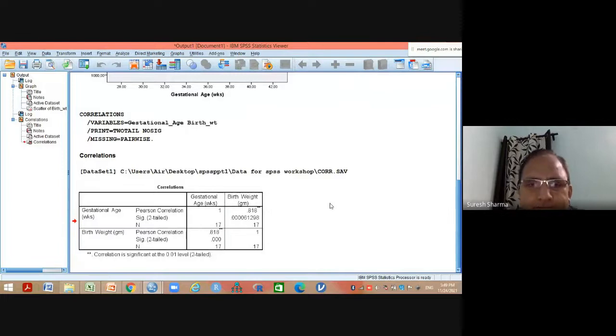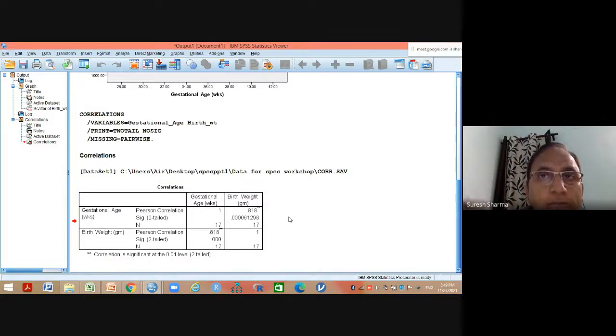Can you see that? Hello? Yes, sir. So remember, P value is never 0. So if it is written 0.000, then always write 0.0001. Always. Right? That means it is significant. So there is a significant correlation between gestational age and birth weight. So that's a simple correlation.